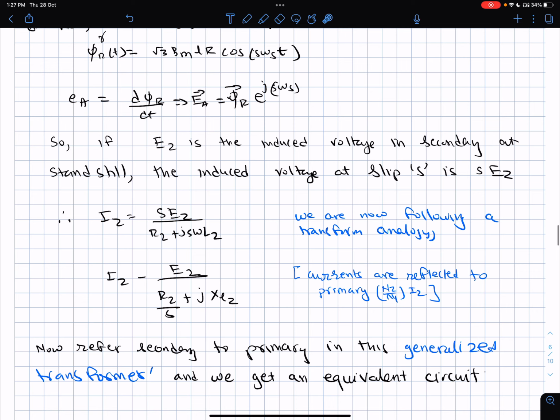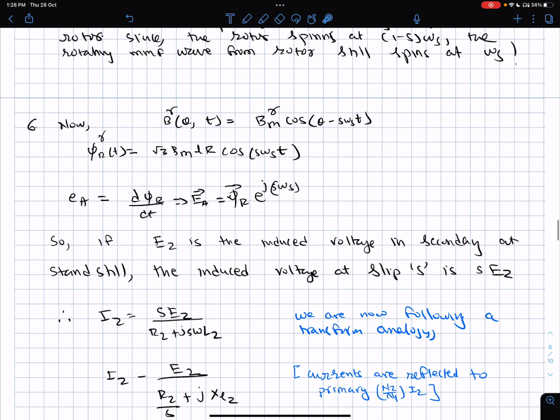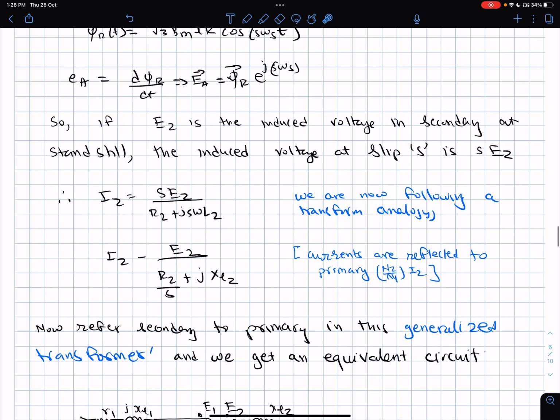So let's say for example if you are looking at the R phase winding, then at standstill if the voltage created was E2, from this discussion it is very clear that the induced EMF which will be created now is going to be sE2, because all the physical constants otherwise have remained the same, and the currents earlier were E2 divided by R2 plus j omega s L2.